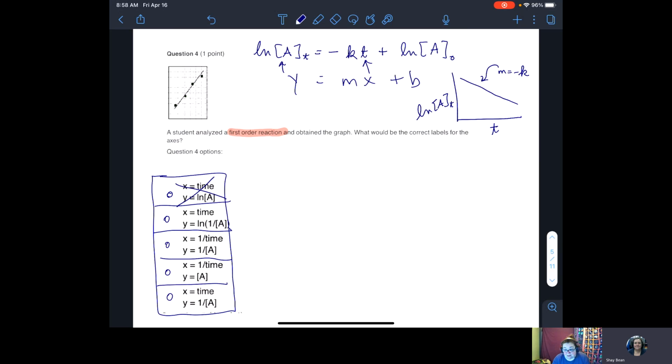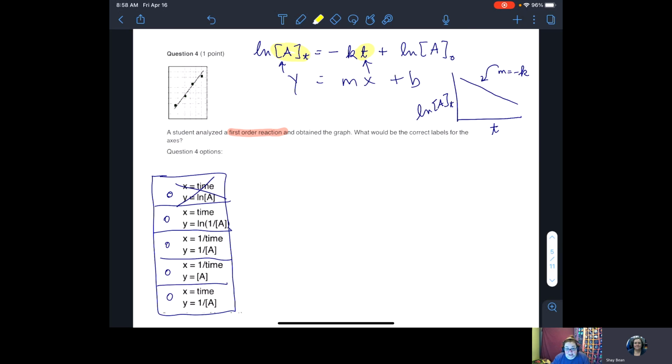At this point, it becomes a math question. How can I manipulate that top equation such that I would get a positively sloping line if I graphed it? Because if I just plot the log of the concentration versus time, I get a negatively sloping line. I am going to be thinking about plotting my two variables. My two variables are the concentration at time t and the time.